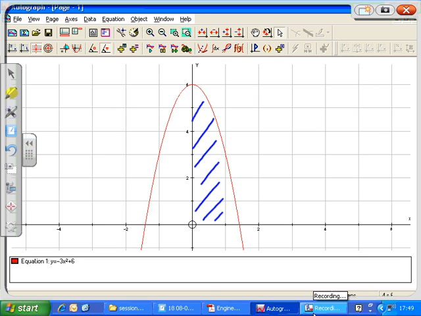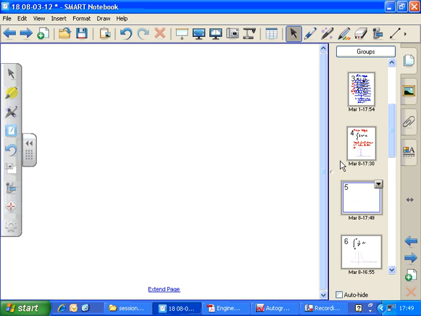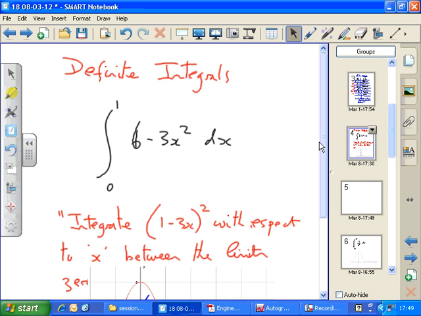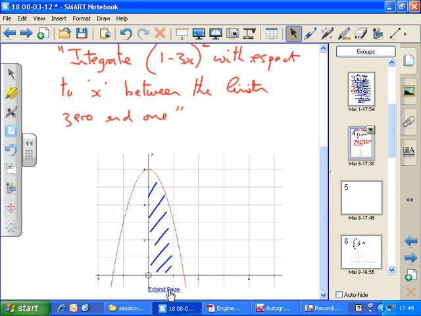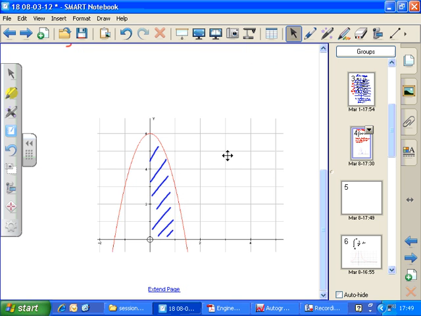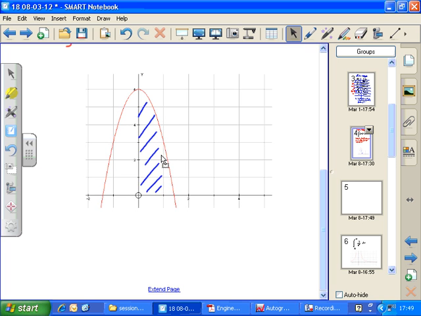Let's just put this into our notes. So let's have a go at integrating this thing and then compare it to this curve here.